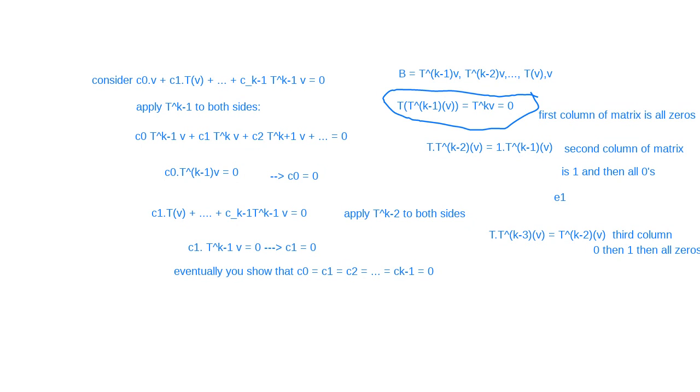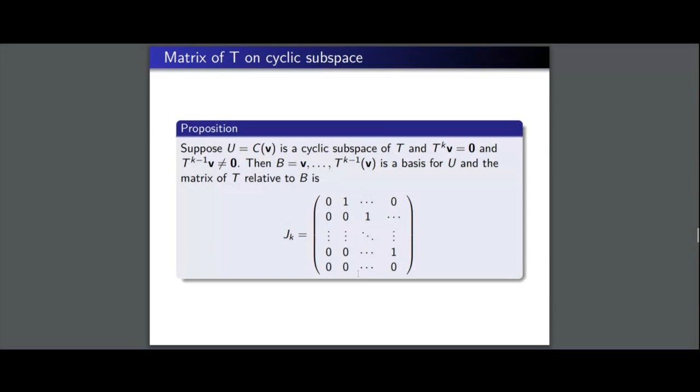And if you are keeping track, the pattern is the one that we wrote down as J sub K. First column is all zeros. The second column is E1. Third column is E2. If you want, it's like I took the identity matrix and shifted it over, like I shifted everything over either one to the right or one row up, and then added a row of zeros or a column of zeros.